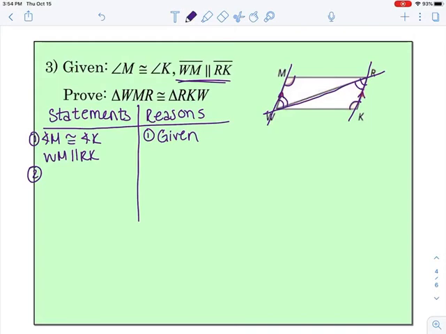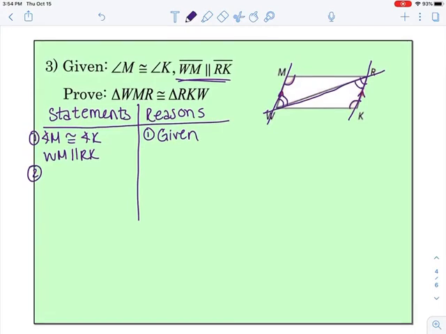So now I just have to put that into my statements and reasons. So let's talk about the two angles that are congruent. So that's going to be angle MWR is going to be congruent to angle WRK. And the reason is because alternate interior angles are congruent.